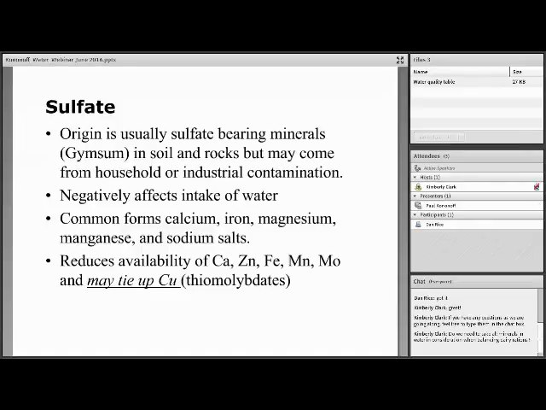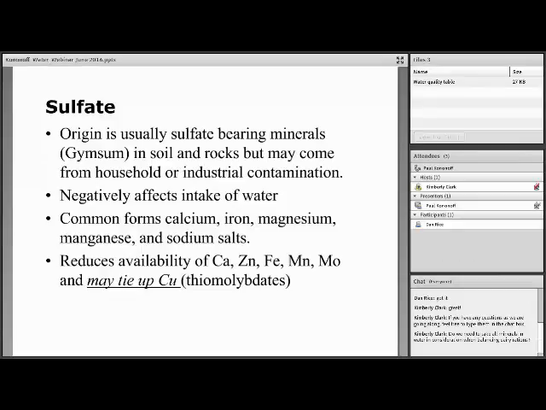And so if we see high sulfate in the water and you're not in a particularly rural area, you may actually be getting some sulfate from contamination sources. We do know that high sulfate does negatively affect the intake of water, and the common forms of sulfate are calcium, iron, magnesium, manganese, and sodium salts.